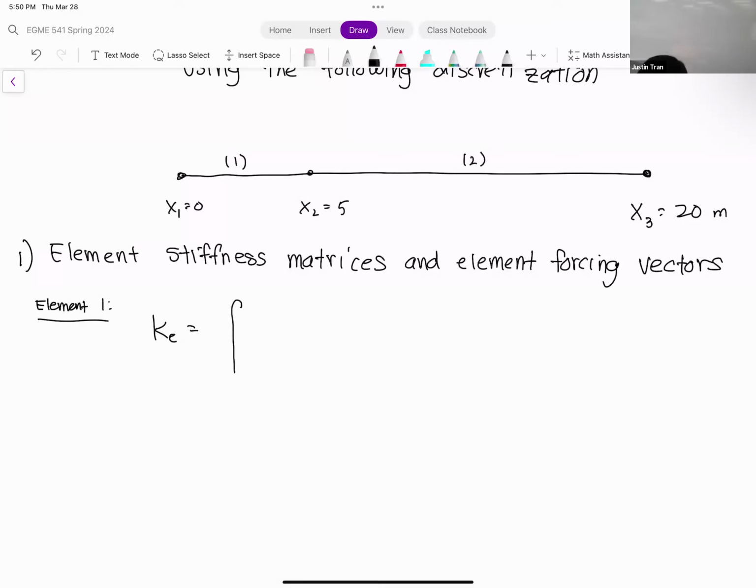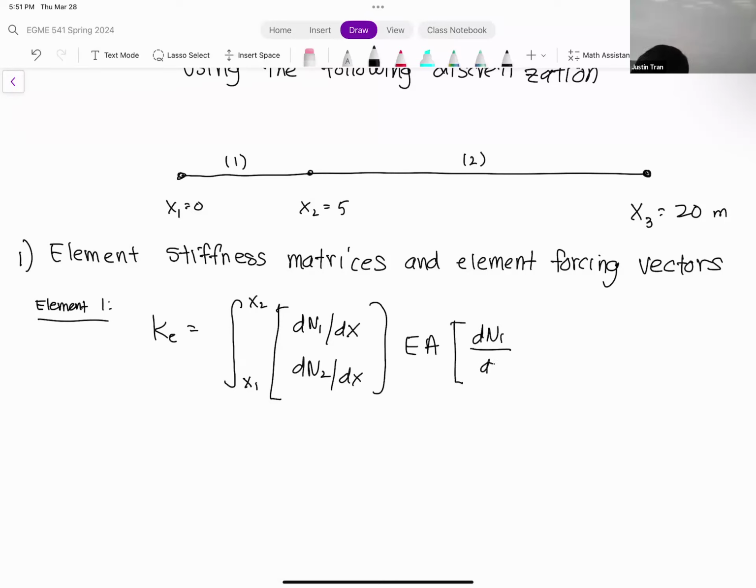The general expression for the element stiffness matrix is the integral from x1 to x2 of the vector dN1/dx, dN2/dx, multiplied by E times A, multiplied by dN1/dx, dN2/dx, dx.